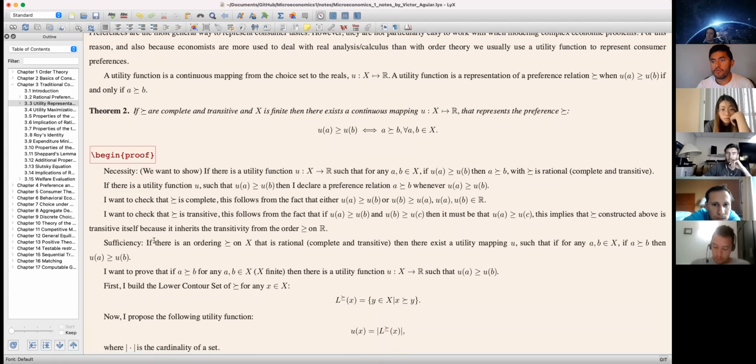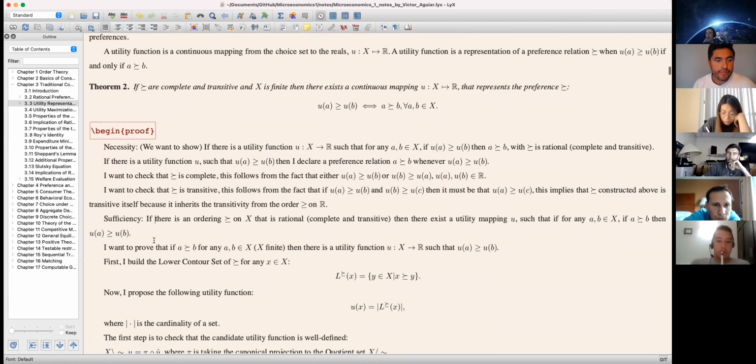Now sufficiency. Sufficiency is the hard one here. So what is sufficiency? Logically it is the flow from right to left, right? So I start with a complete and transitive preference relation, and I want to construct a utility function. Agree? That's what I want to do. So let's do it.